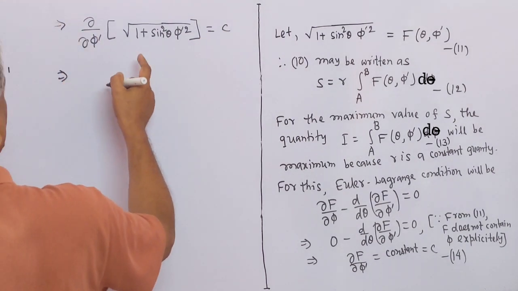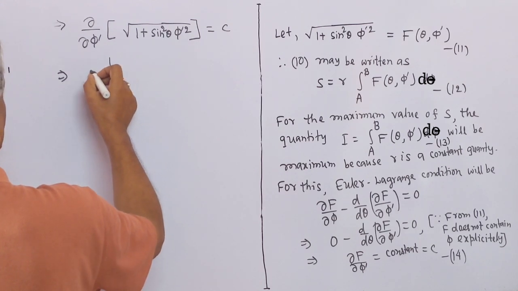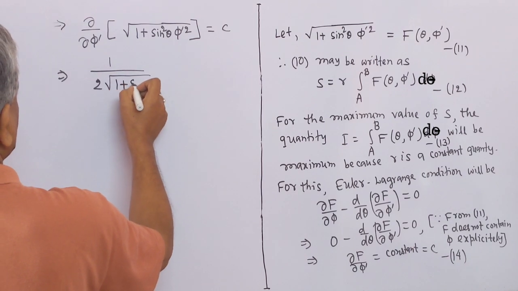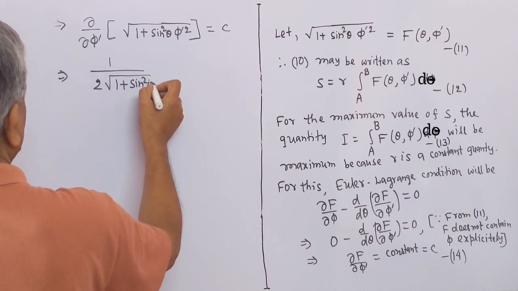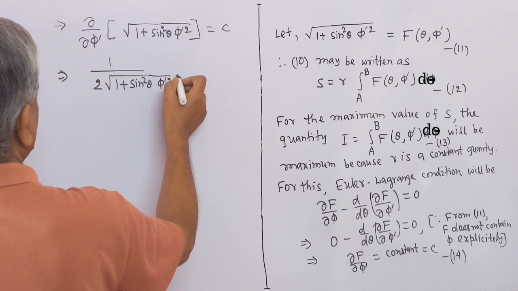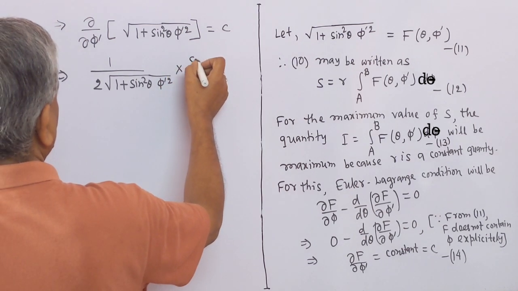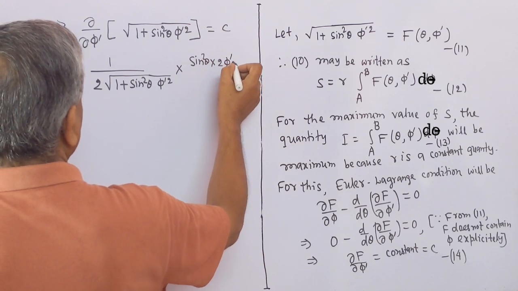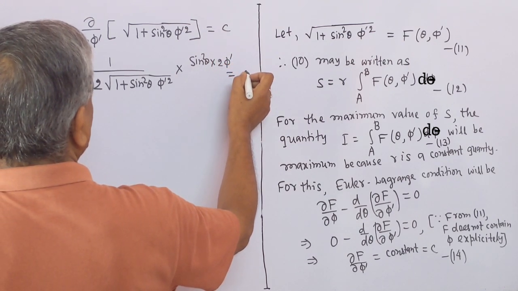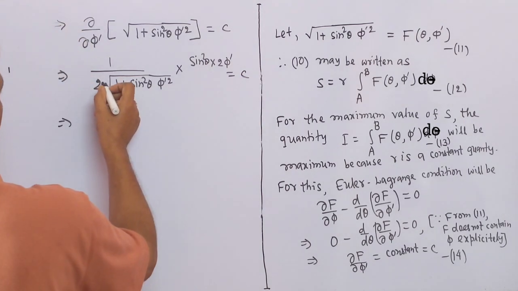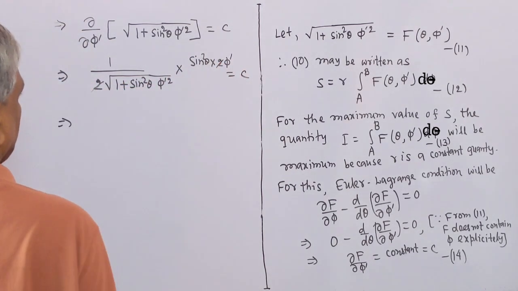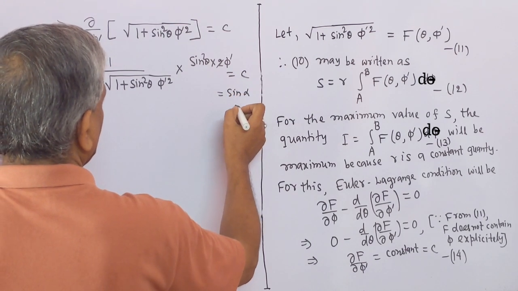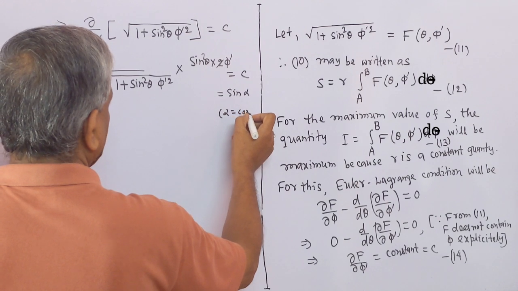Implies that 1 by 2 square root of 1 plus sin square theta phi prime square multiplied by sin square theta multiplied by 2 phi prime equal to C. Here 2 cancel. Let this C be equal to sin alpha, alpha equal to constant.